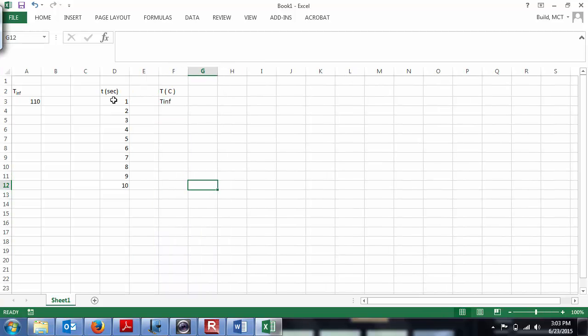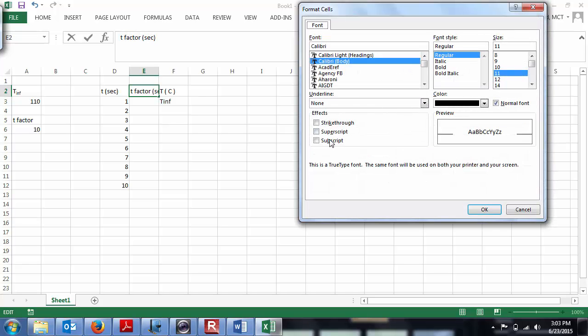And what you might even do here is put in a little time factor. I'm just going to call it 10 for now. And I'll write this time factor subscript.